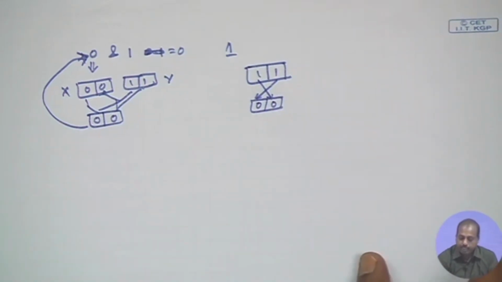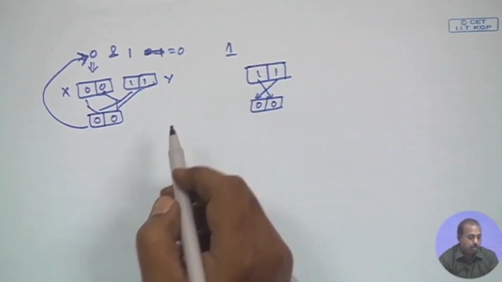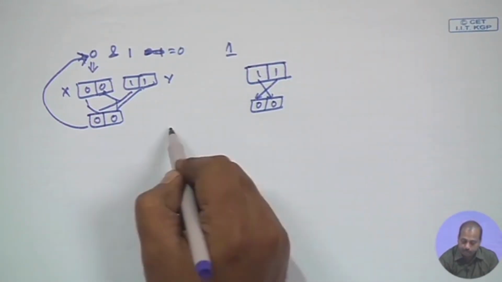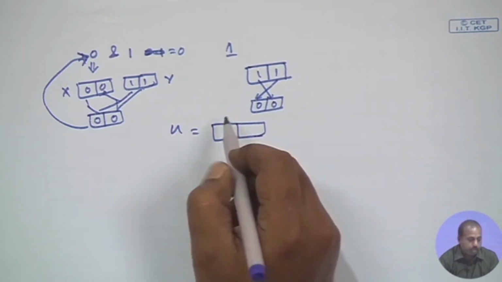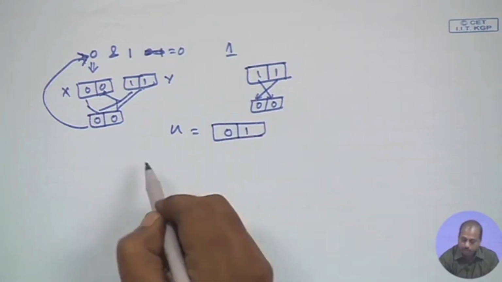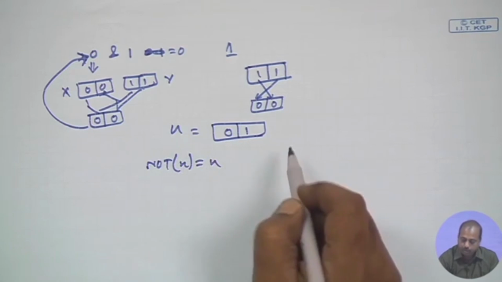Why is it done like this? It is because if the symbol is u, the value is u, which is represented by a symbol like 0 1. Now when I take NOT over u, the result should also be equal to u.